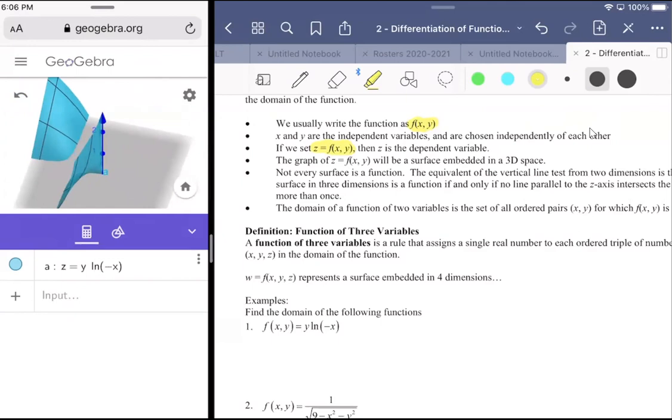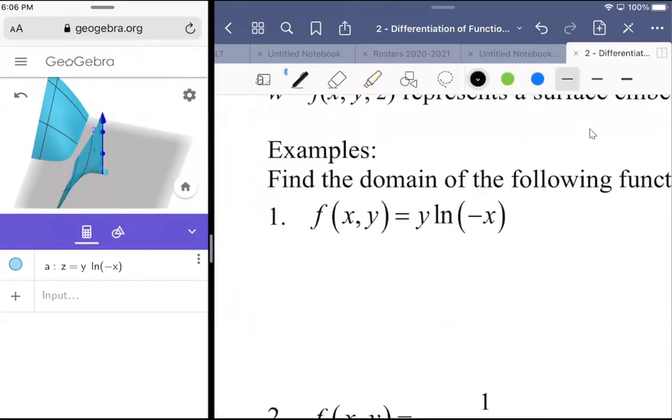Coming up with the domain and range, well, not really the range, but the domain for something like this can be pretty tricky. But if we go by the important components in the function, it makes things a little bit easier. All right. So we have two factors here. One of them's y, and the other is natural log of x. We're just going to look at them individually. All right.